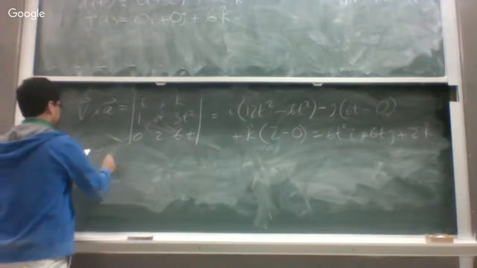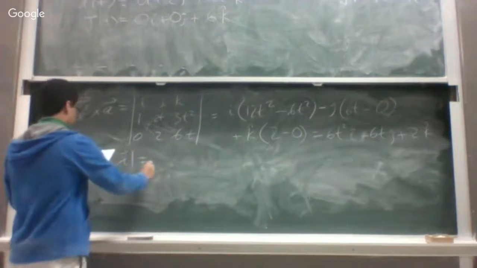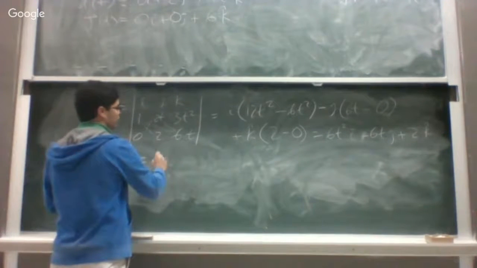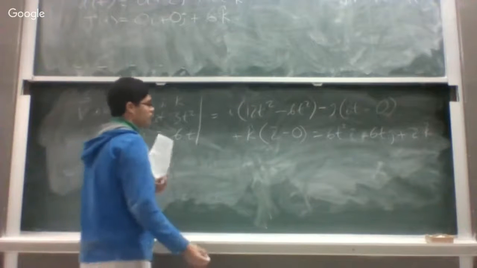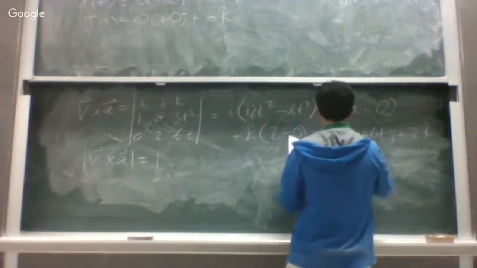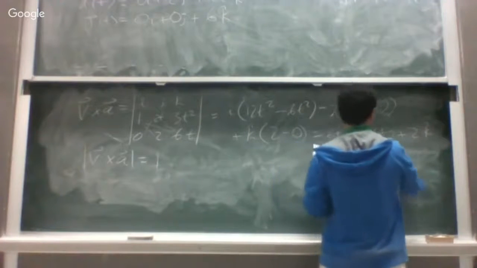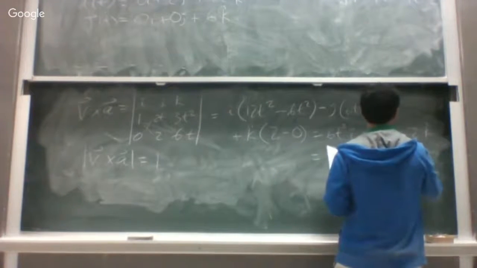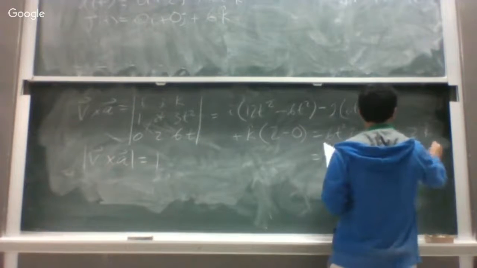The magnitude of the cross product is the absolute value. This can be rewritten as 2 times 3t squared i minus 3tj plus 1k.